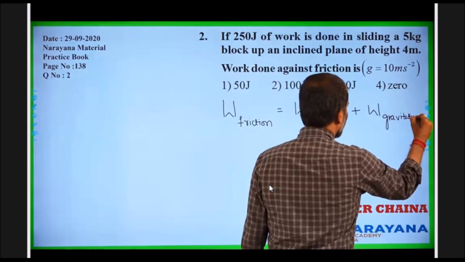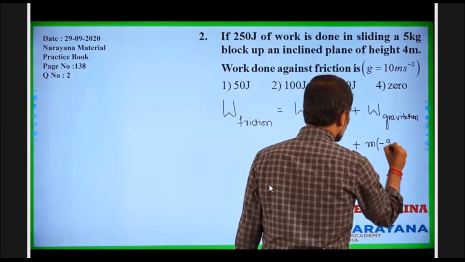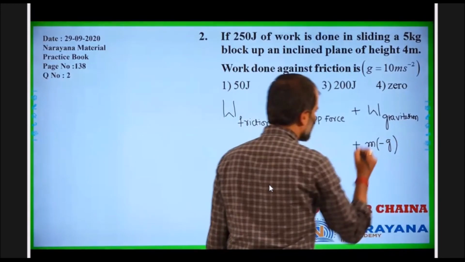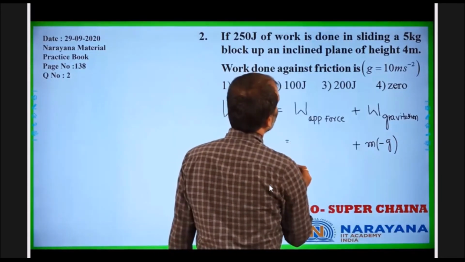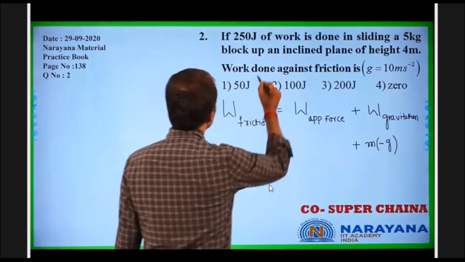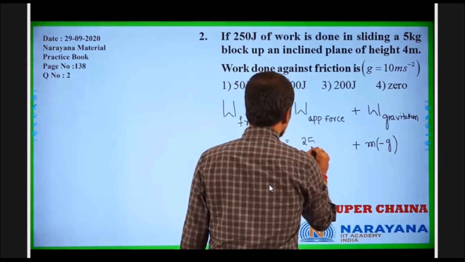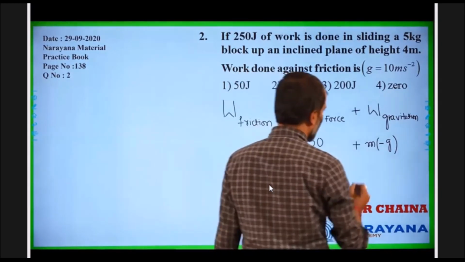Right. So now this is m into the acceleration due to gravity, which acts in the downward direction, and with our given data, 250 joules of work is done by the applied force, the external force.